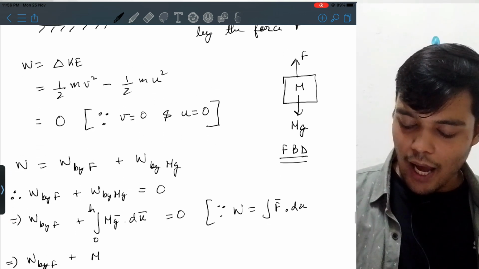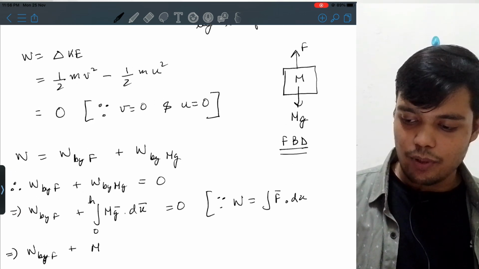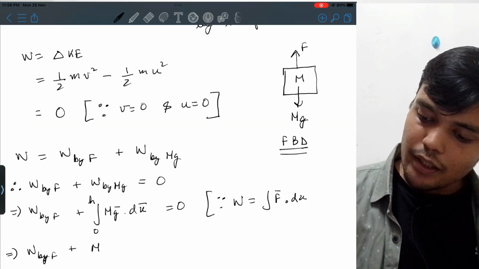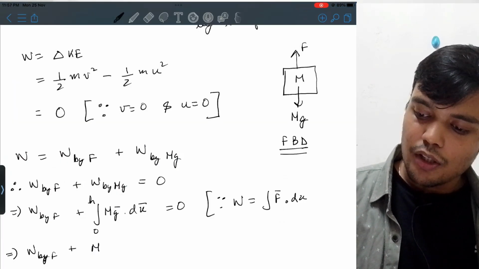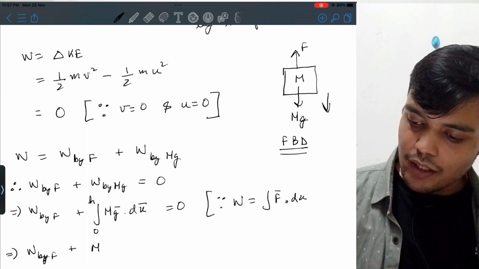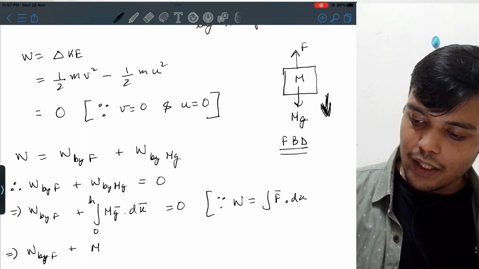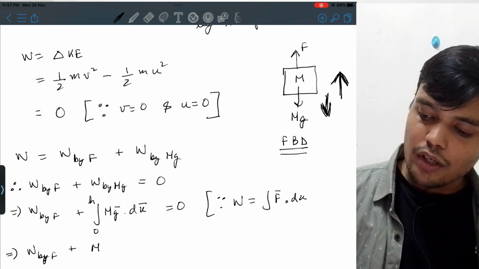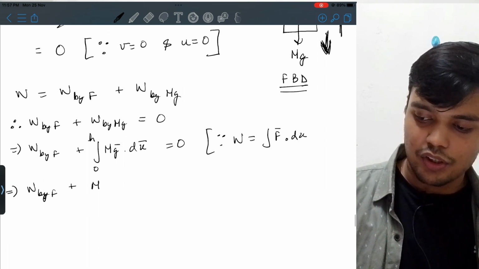Now, what will be the angle between g and displacement? The force is applied in the downward direction while the displacement is in the upwards direction.